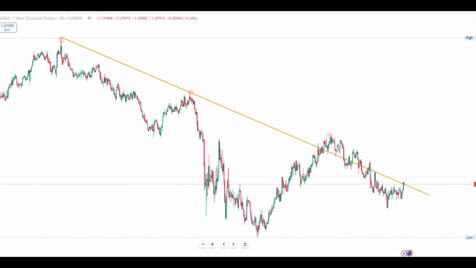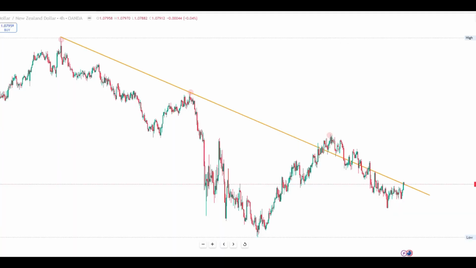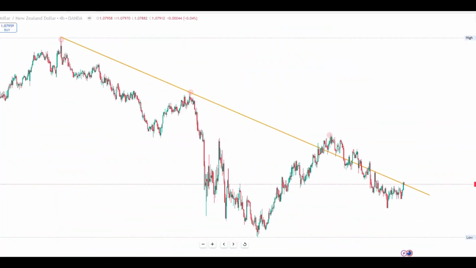Okay, so in a nutshell, you have to understand how to connect the dots with the swing highs and the swing lows. You can also do this on the daily time frame for cleaner entries and cleaner trend lines, right? But you want to ideally be paying attention to structure. So here's a tip: when you're drawing trend lines, you ideally want to zoom out for structure, right?